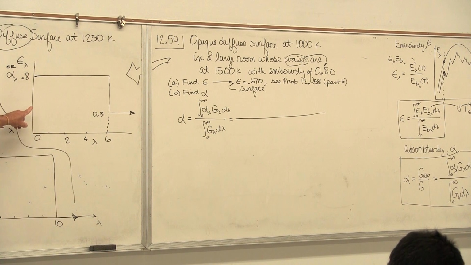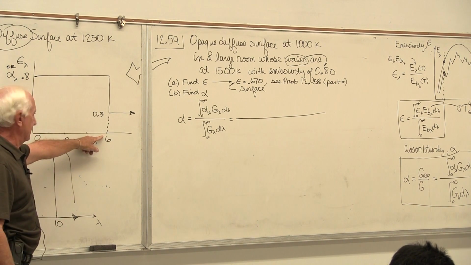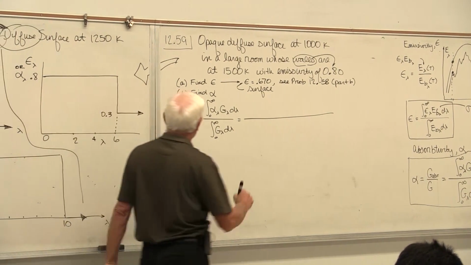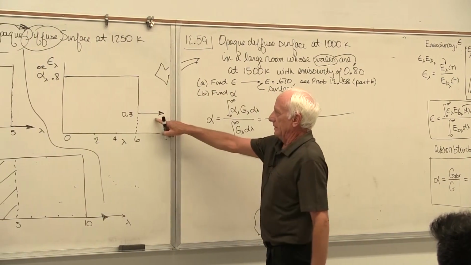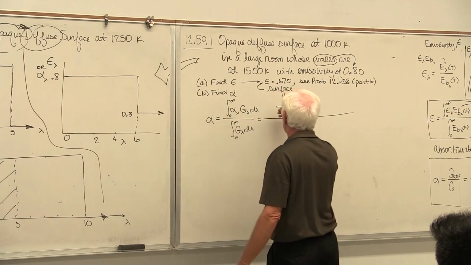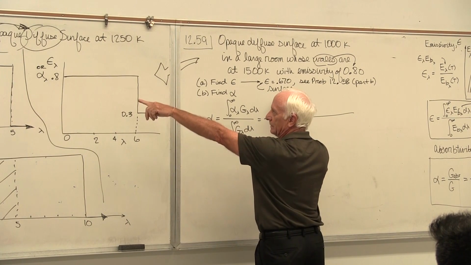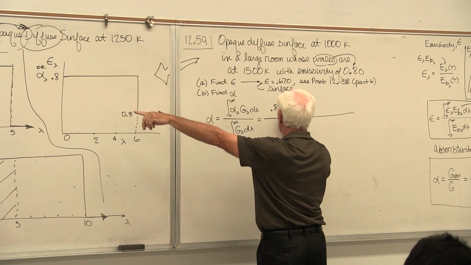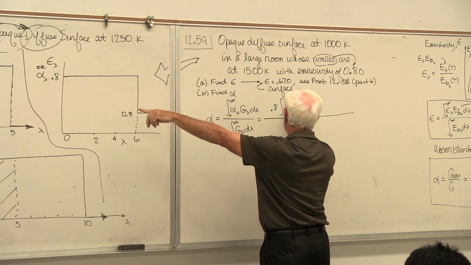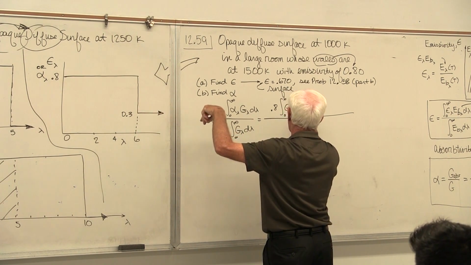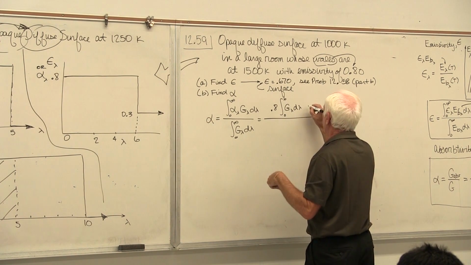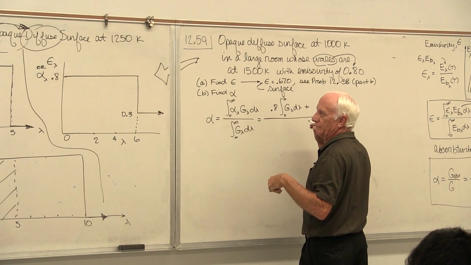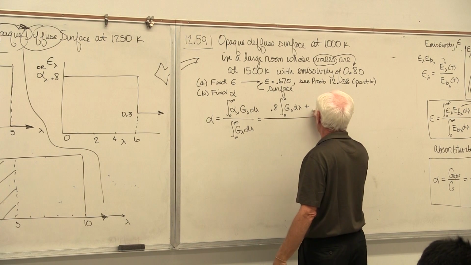Breakpoint 6. Next breakpoint, infinity. Okay, what's constant? Alpha lambda, 0.8. Pull it outside the integral sign. Okay, next one, from 6 to infinity, alpha 0.3.